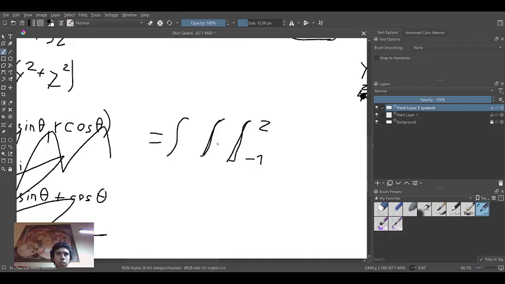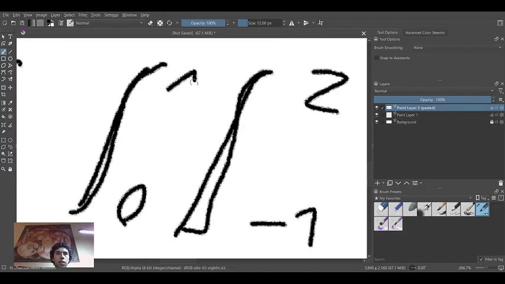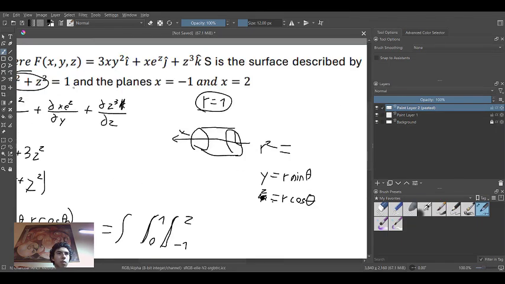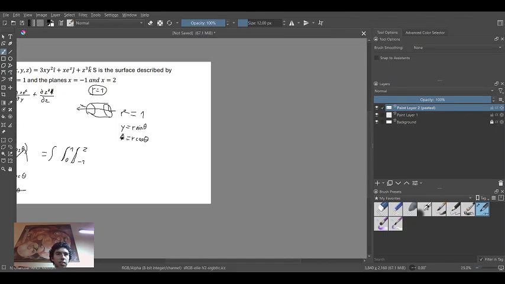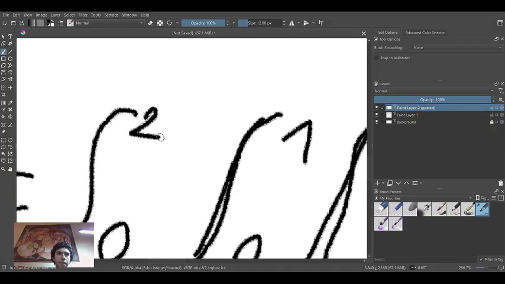For r, it's going to be from 0 to 1, because we know that the radius is 1, because r squared equals 1. And for theta, it's going to be from 0 to 2 pi.